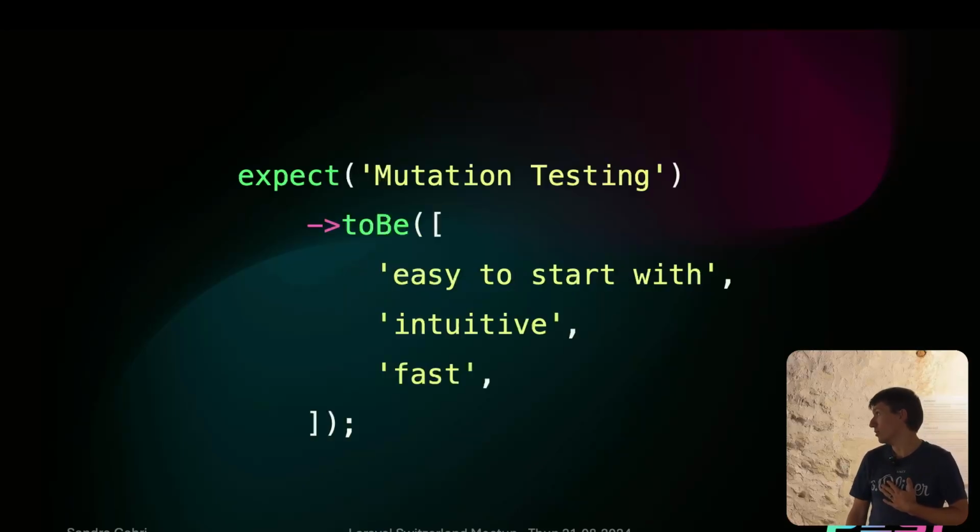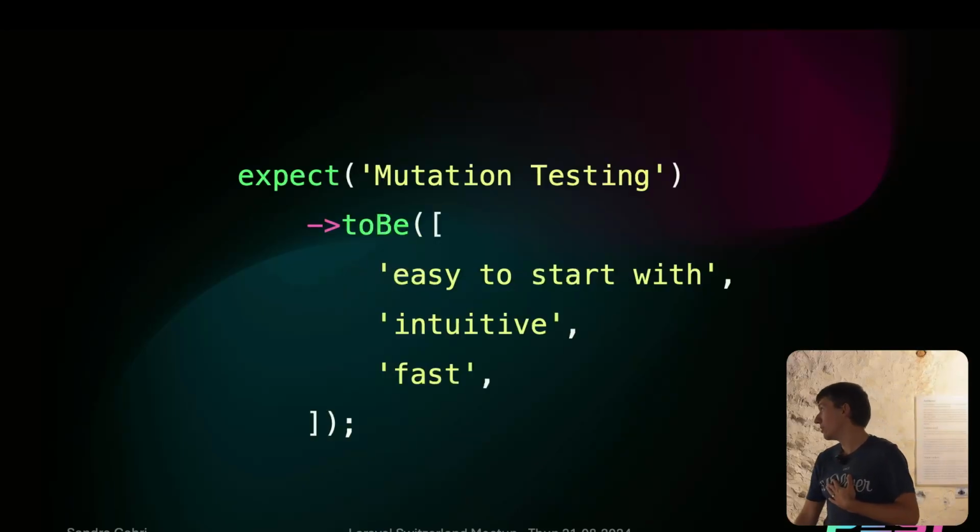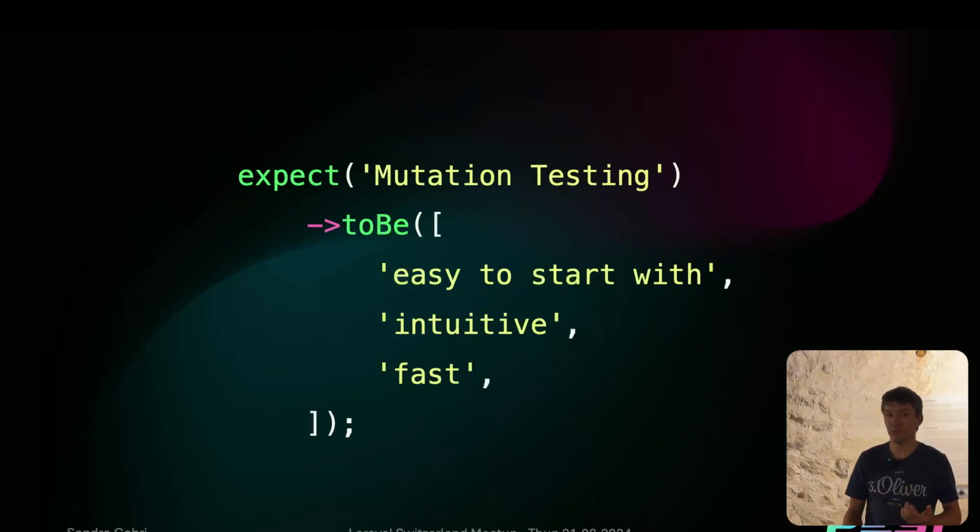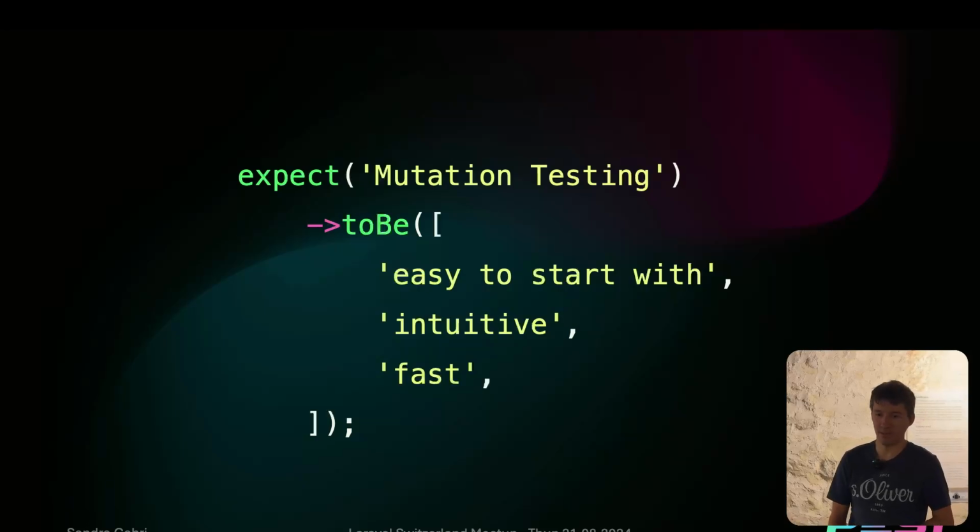And I had some goals in mind. It should be easy to start with, it should be intuitive to use, and it should be fast, because, as we will see later, performance is a problem with mutation testing. So it didn't turn out too bad, and I hope I can convince some of you today to give mutation testing at least a try.